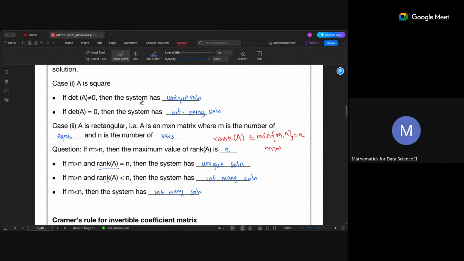Here we are using something called the rank nullity theorem. But please, let's not go into the rank nullity theorem here, because that is actually week 5. For now, take some examples and see that for m greater than n, rank of A equal to n implies that the system has a unique solution. When rank of A is equal to n, the nullity has to be 0. If the nullity is 0, the system should have a unique solution.